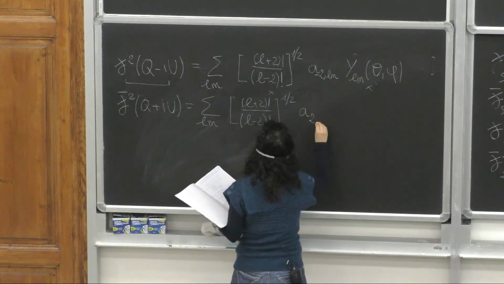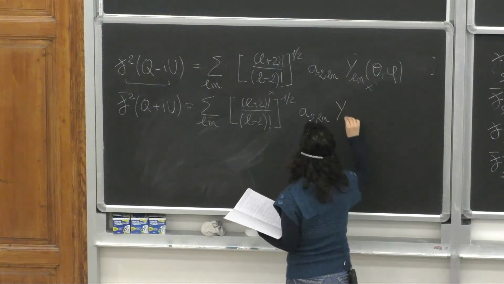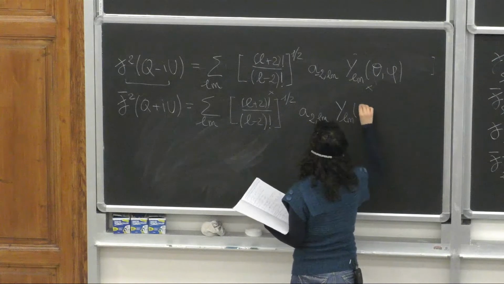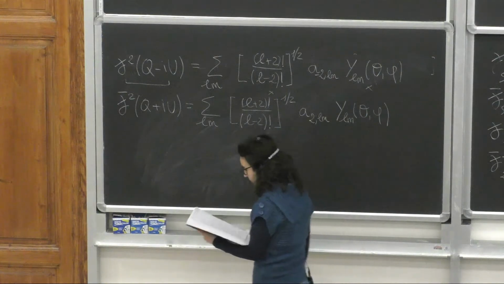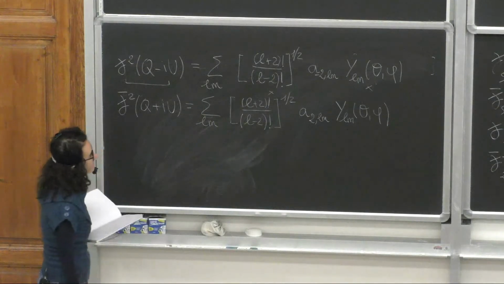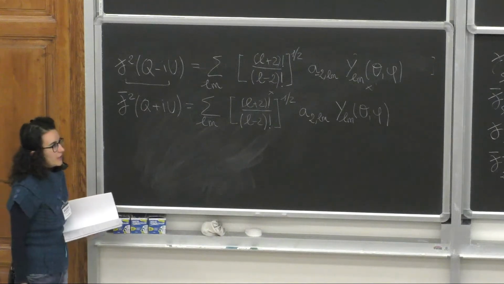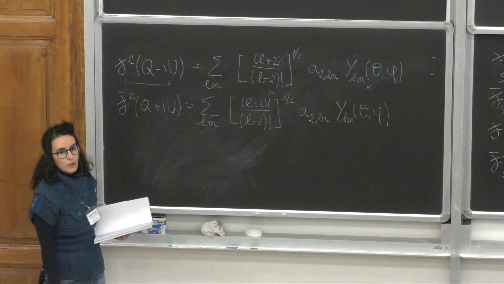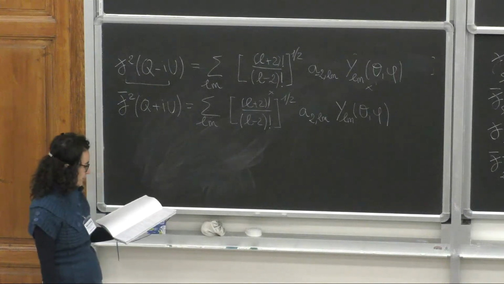We have the expansion coefficient that remains the same. And finally, we can use the spin 0 spherical harmonic. So we have finally arrived to the scalar quantities that we want to use when we describe the CMB polarization.